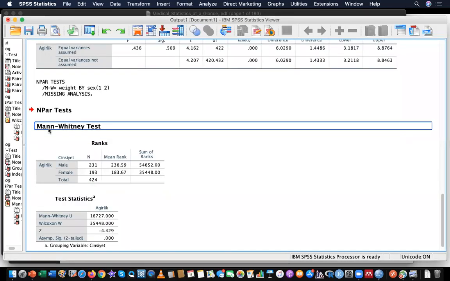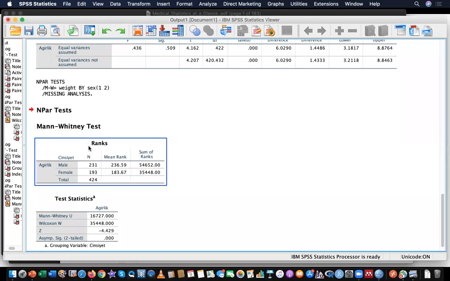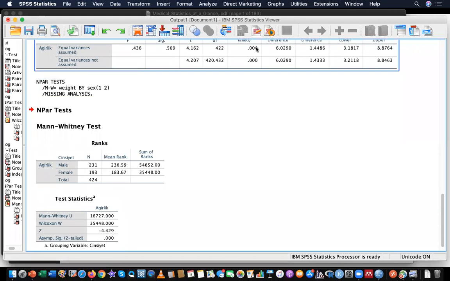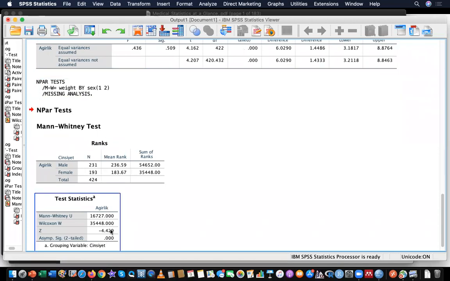So the computer output for the Mann-Whitney test gives us, as you expected, the ranks. And here is a p-value again, asymptotic significance, two-tailed. The p-value is less than 0.05. The p-values you see for the t-test and for the Mann-Whitney test are very similar.